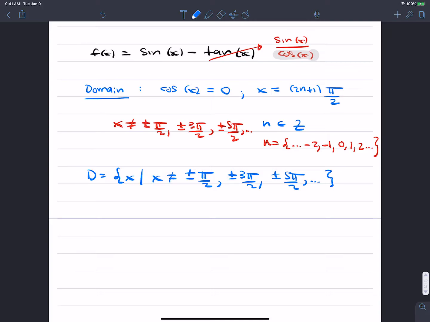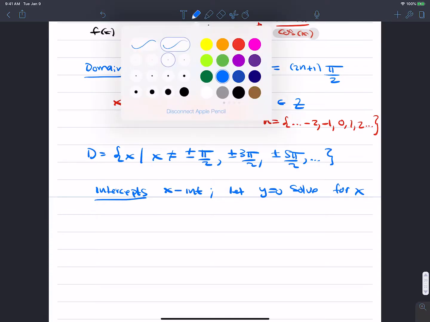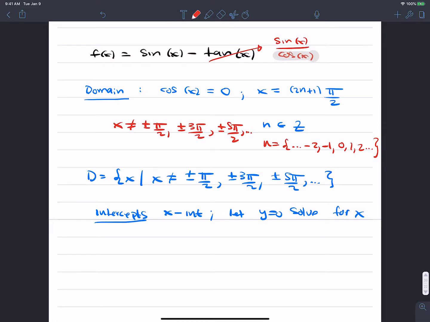Okay. And then we go to the next step, which is going to be our intercepts. So for the x-intercept, again, we let y be 0 and we solve for x. So that means up here we have 0 here, and this is the equation we get now.